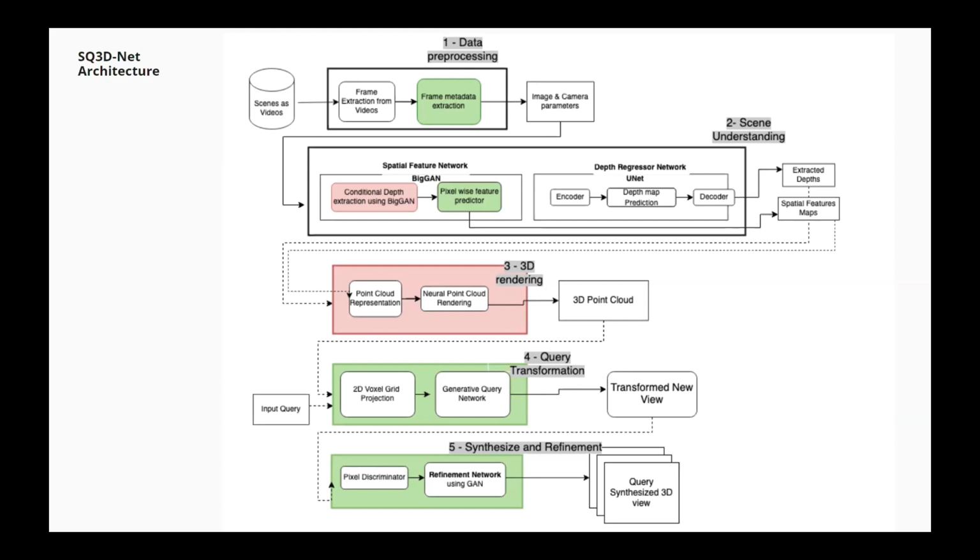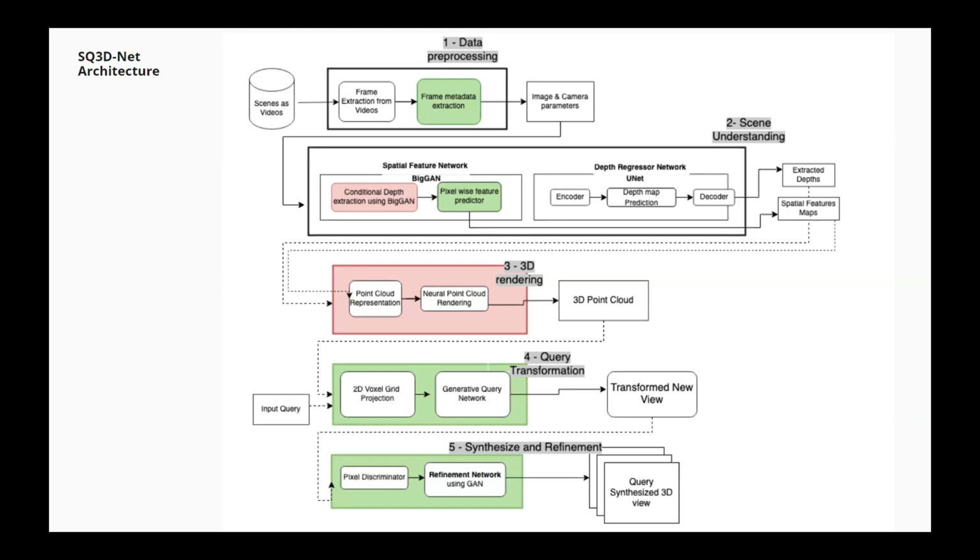Here the spatial feature network and depth regressor network are the 2 important components, and from these 2 networks we extract all the necessary structural, geometric, and semantic features.